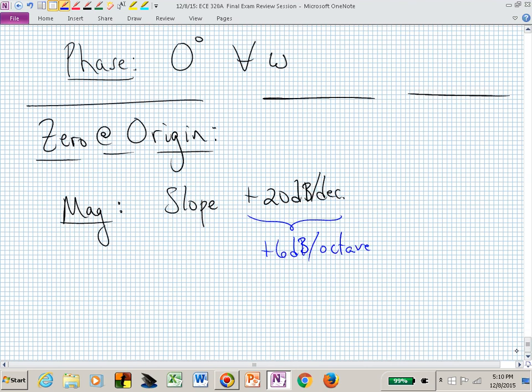Now we need to know, where does that go, or where do we pin it? It's now this sloping line. We have to pin it somewhere on our Bode plot. And we pin it by saying it passes through, let's say 0 dB, where?